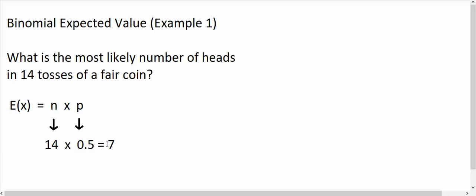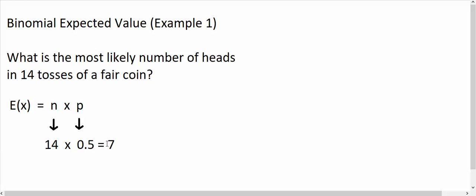So just a few quick points to wrap up this topic. So remember that the binomial expected value isn't the outcome that'll definitely happen. It's just the outcome that's most likely. It's more likely to happen than any other possible outcome. So if you looked at the probabilities of all possible outcomes, this one would have the highest probability.